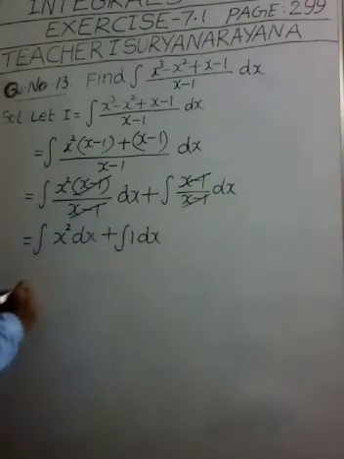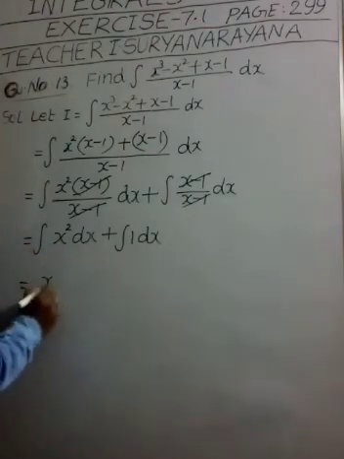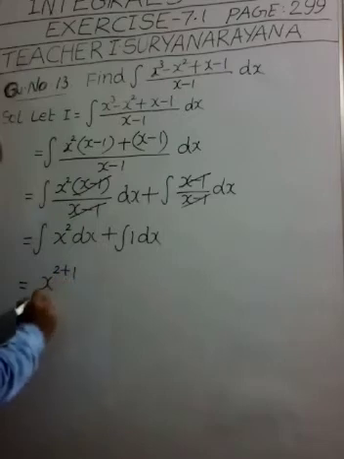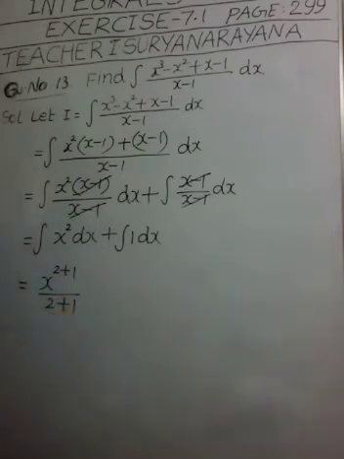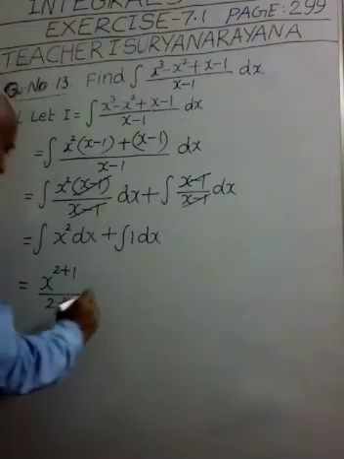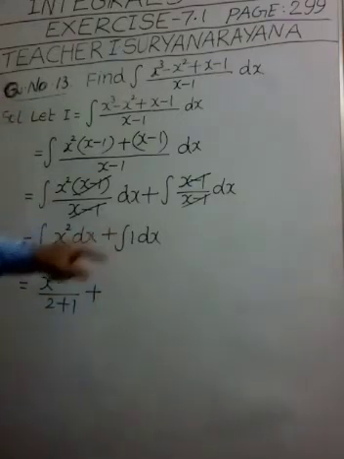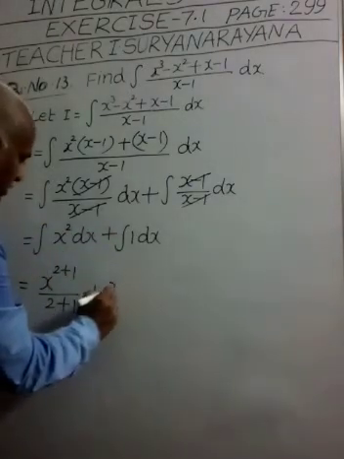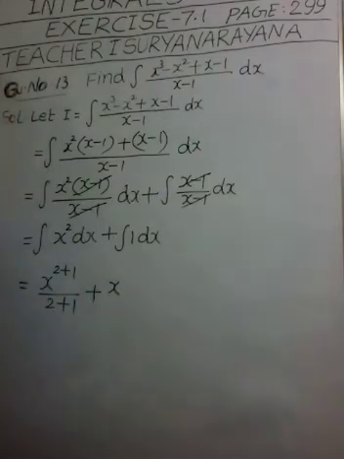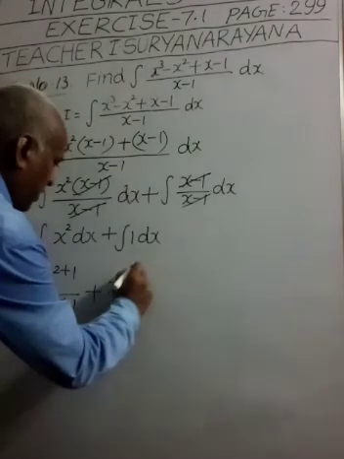Right. This is equal to, if you observe this integral, the first term is in the form of integral x to the power of n dx. So we use that integral formula. So x to the power of 2 plus 1 by 2 plus 1. Understood this first term, my children? Right. Plus integral 1 dx. What is the formula? x only. Do you remember that formula, my children? I will write here.